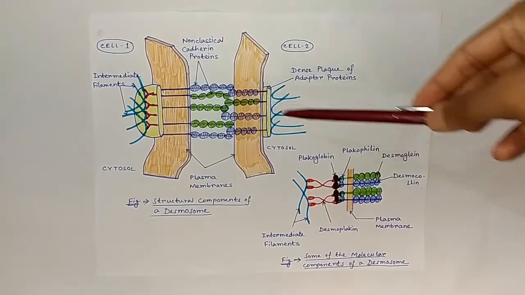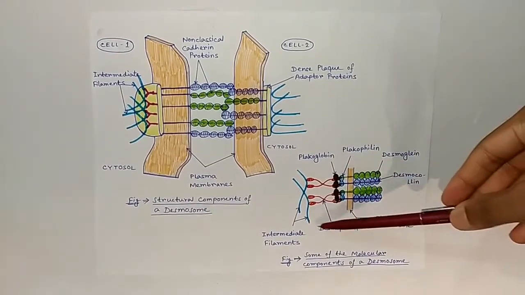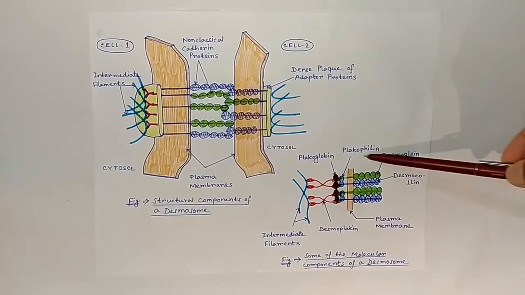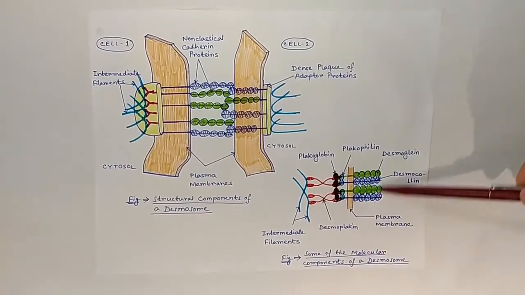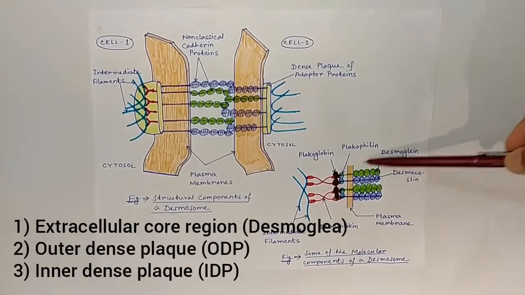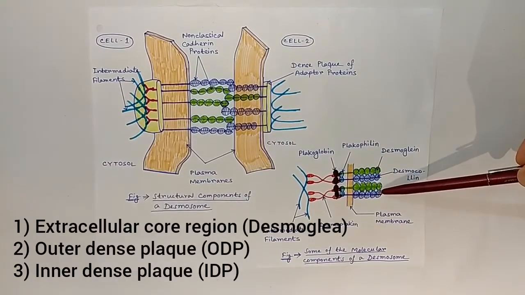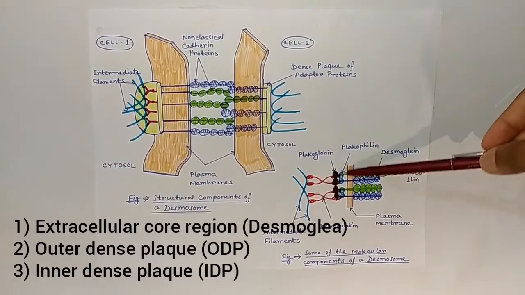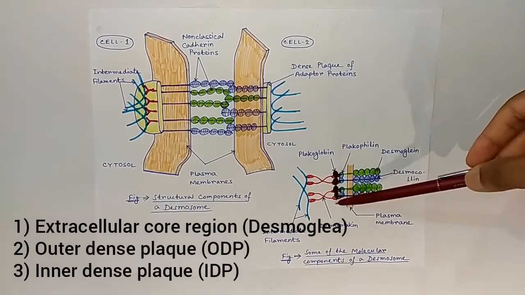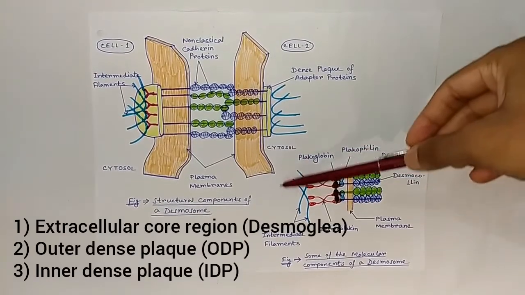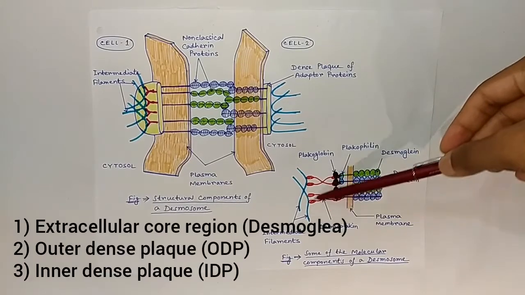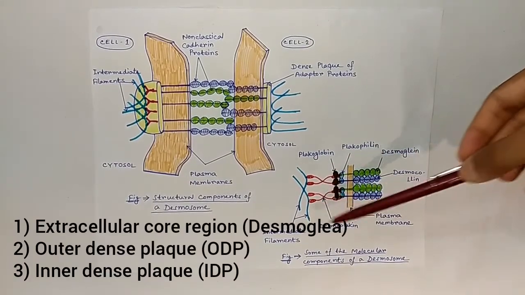If we see the DIFC region in detail, then we will see there are 3 regions: the extracellular core region or desmoglea, the outer dense plaque or ODP, and the inner dense plaque or IDP.